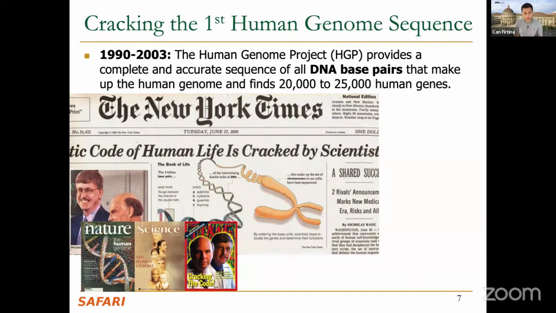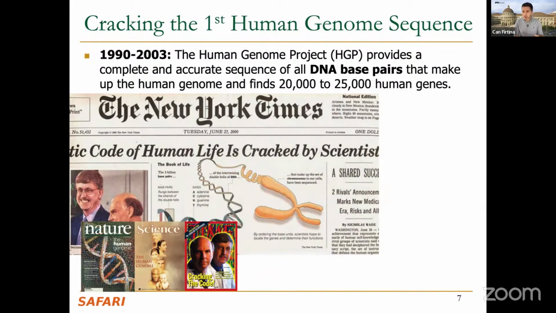And this effort, although the ways that we can start sequencing the DNA usually started in the 1970s, really the effort to decode the entire human genome started around the 1990s.